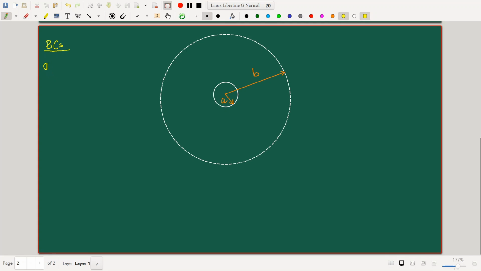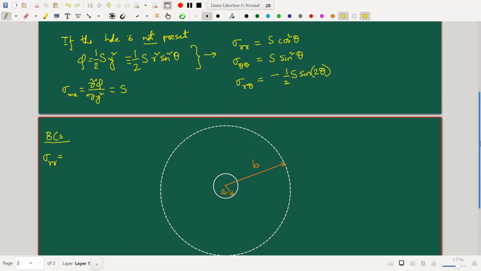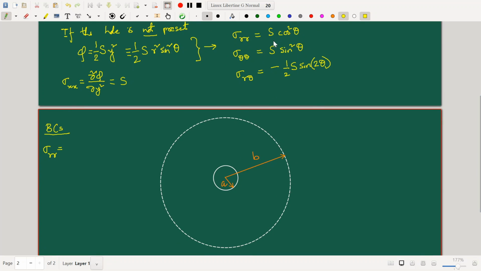So sigma RR. Okay, sigma RR is equal to, if we go back to the previous page, you'll see that this is S cos square theta.